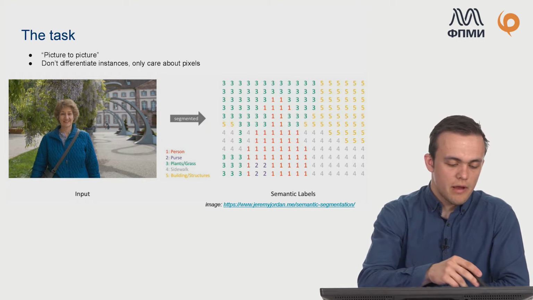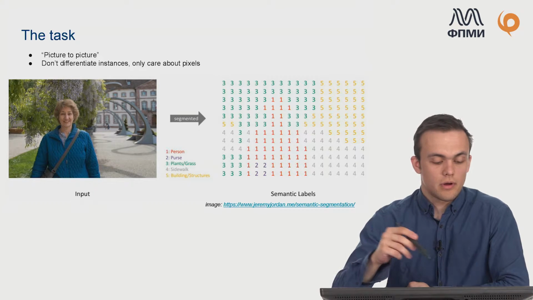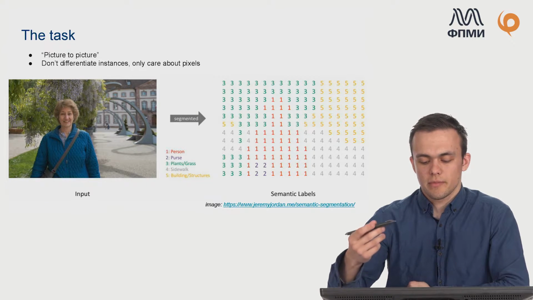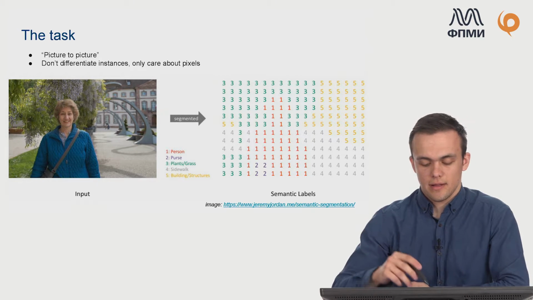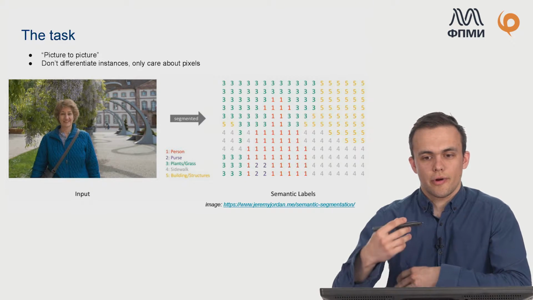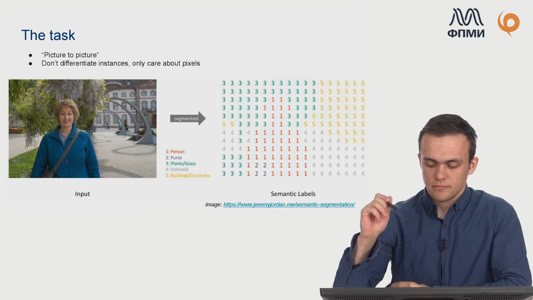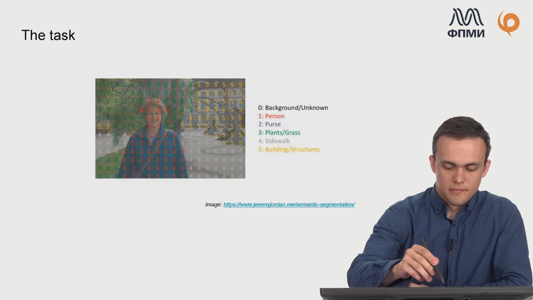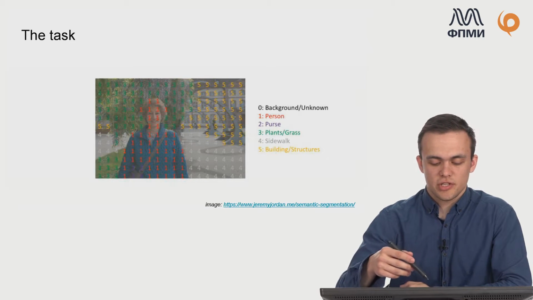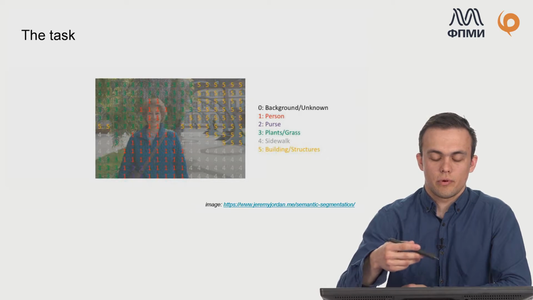For example, we have something like a tree, and we want our network to label all the pixels in this region with some number which corresponds to a class like plants and grass, and basically we are creating a heat map for every object, for every class. So here you can see what it will look like if we overlap the predictions and the image that we were mapping.